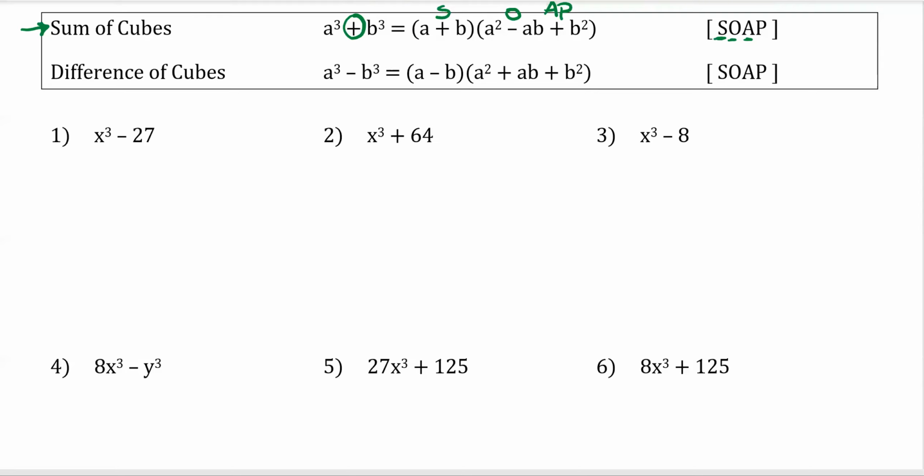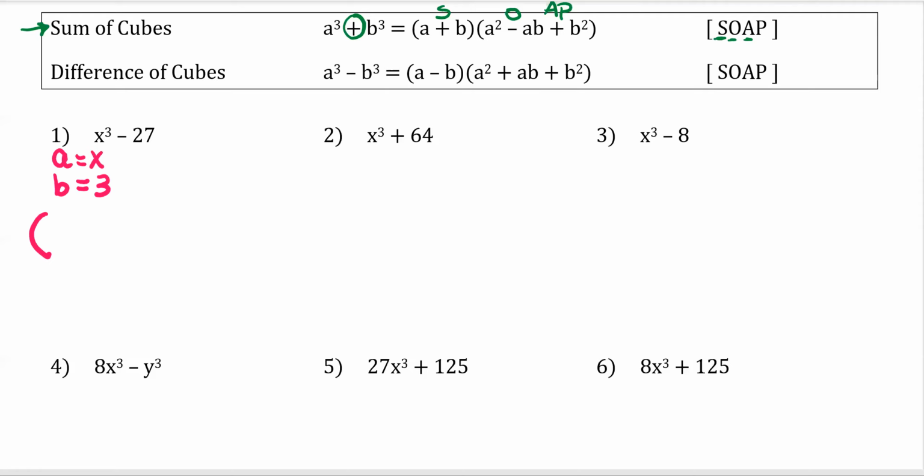Number 1, x cubed is a perfect cube. So I'm going to write a is equal to x because x times x times x is x cubed. 27 is a perfect cube because it is 3 times 3 times 3. So all we need to do now is look at our x and our 3.